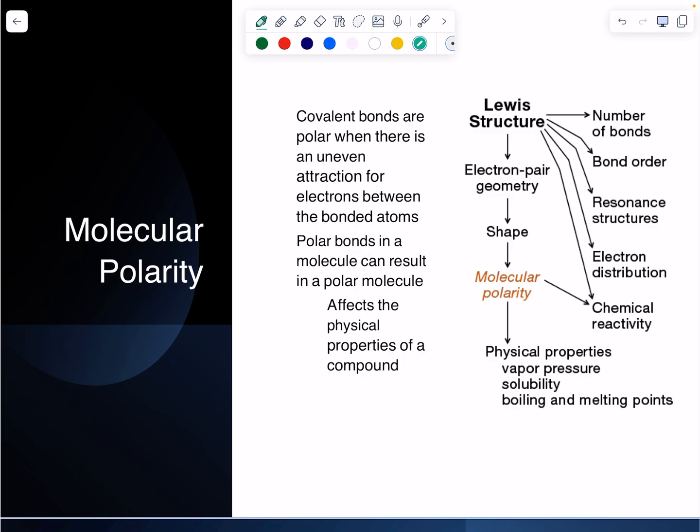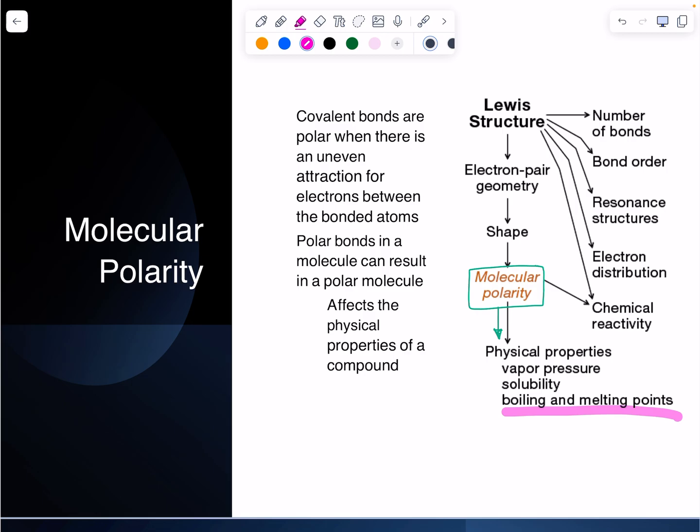And the physical property that we're going to predict is molecular polarity. Okay? That's going to affect directly all of these things here: vapor pressure, solubility, boiling and melting points.